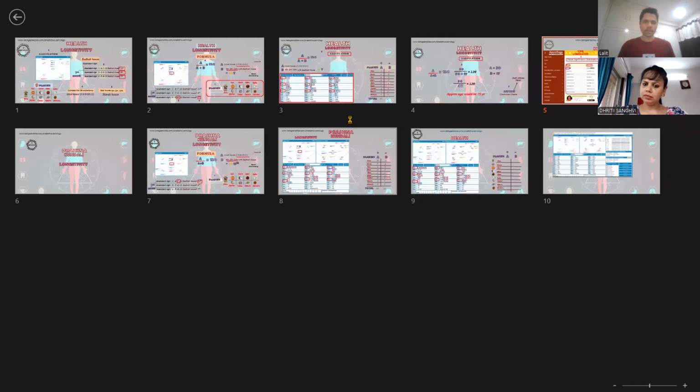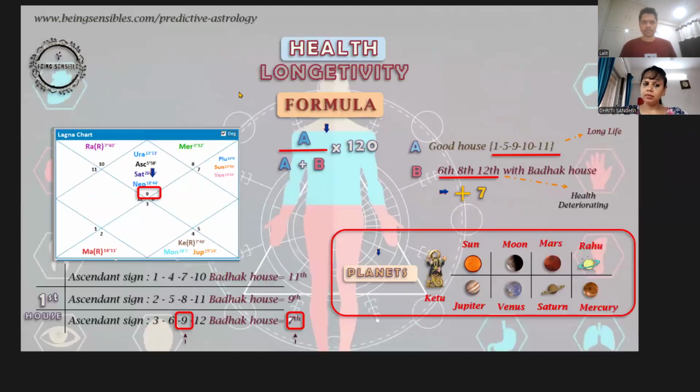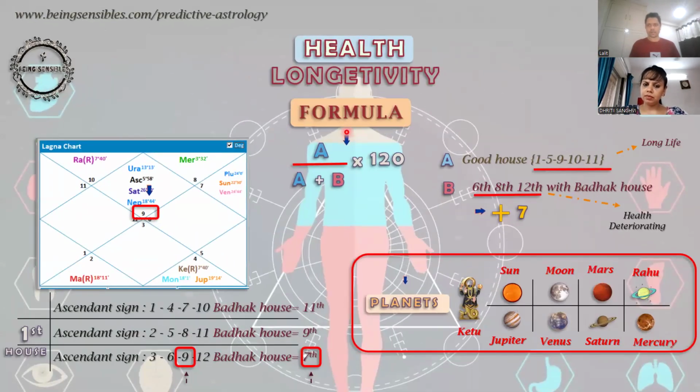Besides this, there is also a formula for the calculation: you get the idea from A, from B, multiply by 120. Got it? And this is the ultimate. Any doubt? Okay.